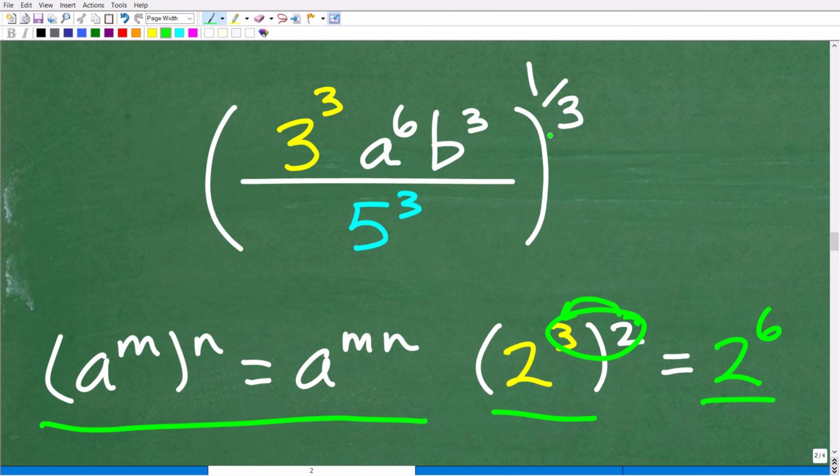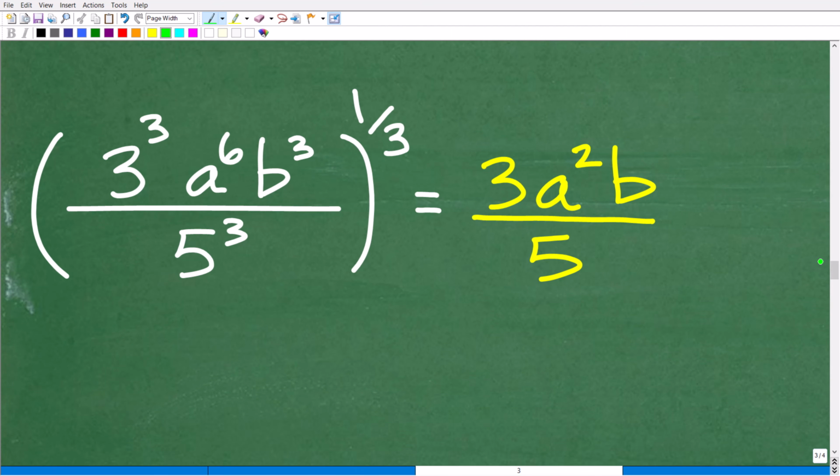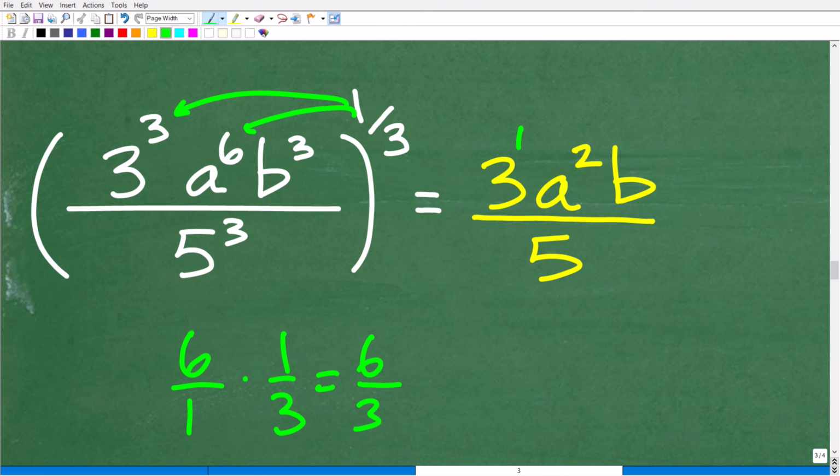And so what we can do here is simply multiply this 1/3 times all these exponents right here, and we will simplify this problem. You can see this is going to work out nicely because all of these right here are going to be divisible by 3. Okay, so let's go ahead and do that. So 1/3, and hopefully you're up to speed on your fractions, 1/3 times 3 is what? 1, so that's 3 to the first. 1/3 times 6 is 6 over 3, which of course is 2.